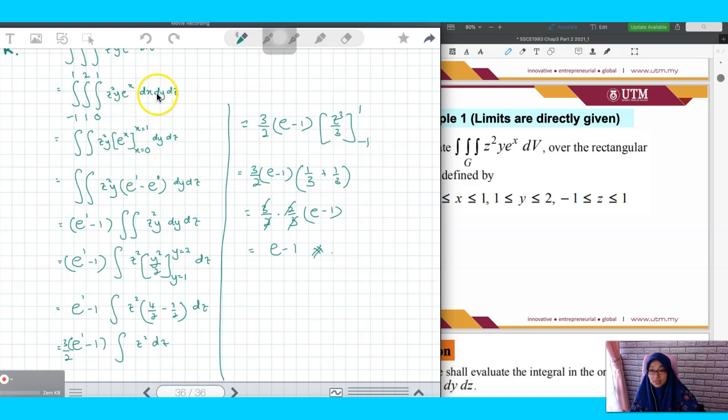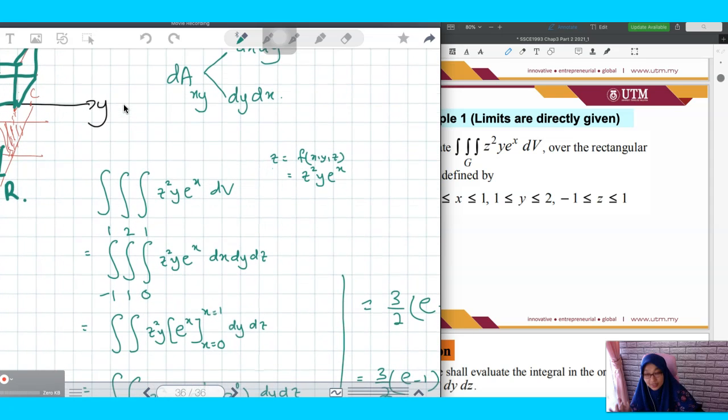But here in this case, it's not only the calculation of the integration itself, but the way you decide the order and what the limits should be. So that is another problem that we will face when we want to solve the triple integral. But if you follow the steps, it should be okay.